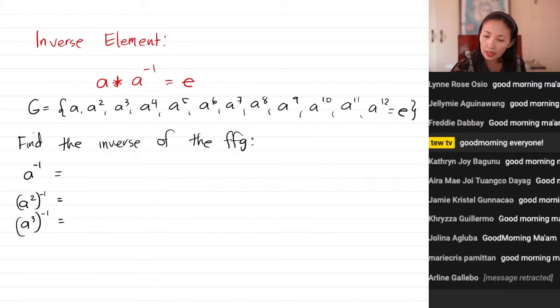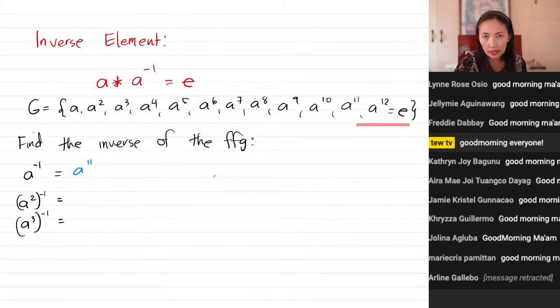In this case, the identity element, very clear, is a raised to 12. So, the question is, what shall I multiply to a in order to get a raised to 12? So, it's a raised to 11. And therefore, the inverse of a is a raised to 11.